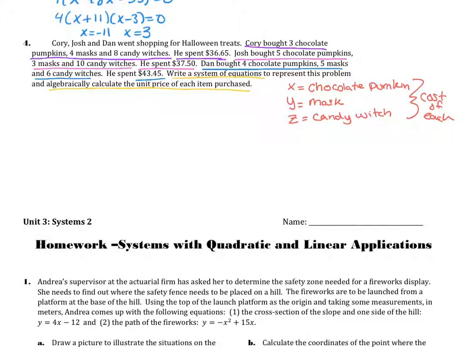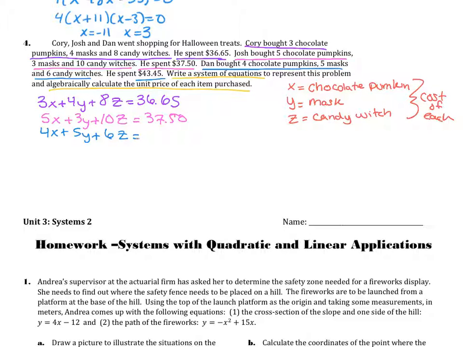So I'm going to set up a 3-variable system. For Corey's equation, I'm going to have 3x plus 4y plus 8z equals 36.65. For Josh's equation, 5x plus 3y plus 10z equals $37.50. For Dan's equation, 4x plus 5y plus 6z equals $43.45.